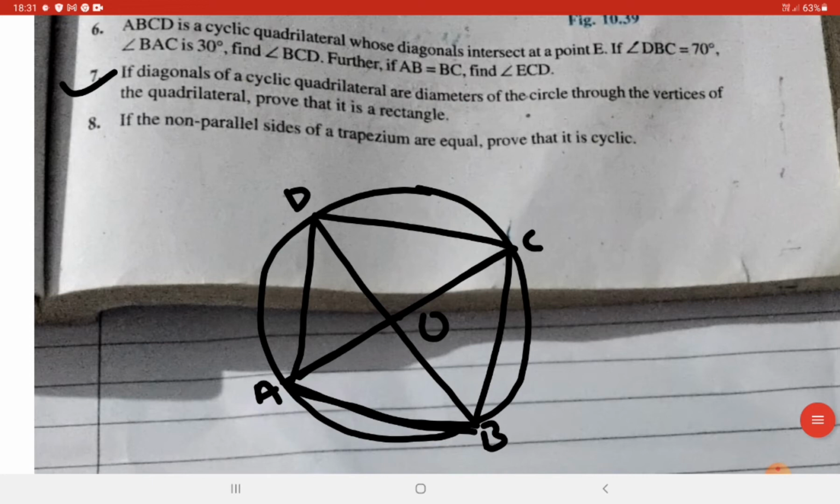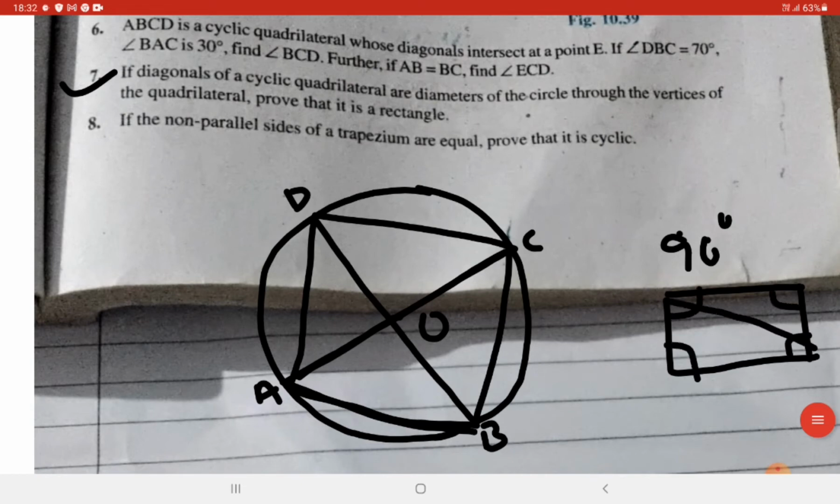Okay, what is a rectangle? A rectangle means all angles are 90 degrees and the diagonals are equal. See, a rectangle means all angles are 90 degrees and these diagonals will be equal.